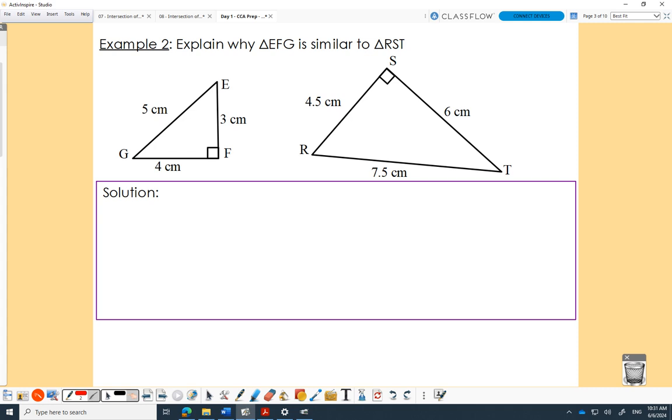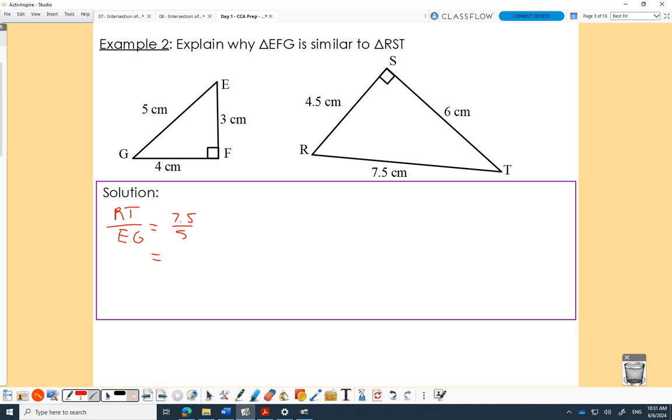I go big to small or small to big, so I don't get confused about what sides I'm talking about. I start with the big side of the big triangle. So I go, okay, that's RT. Rob Todd, ha, it's my side. RT over EG, 7.5 over 5 equals, you punch it in your calculator.